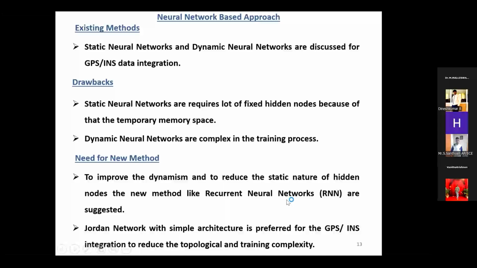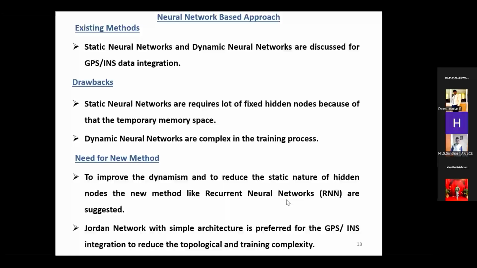Recurrent neural networks have become popular for intelligent navigation systems, where the nodes are dynamic in process and their operations are also very simple when compared to feed forward neural networks, right? Here in recurrent neural networks, we need a feedback type mechanism. The outputs are fed back to the input.